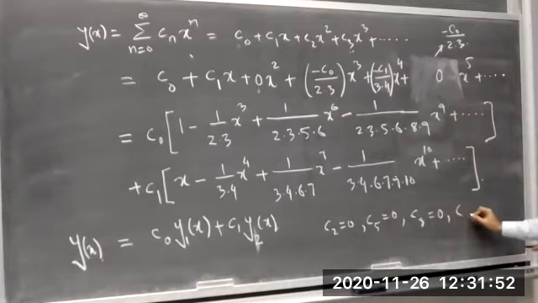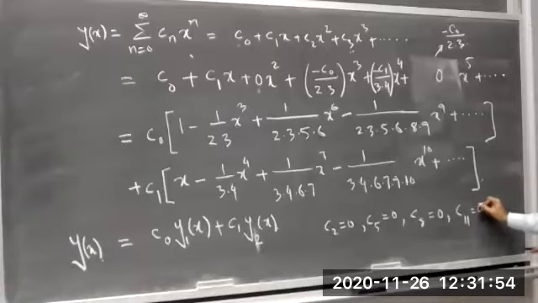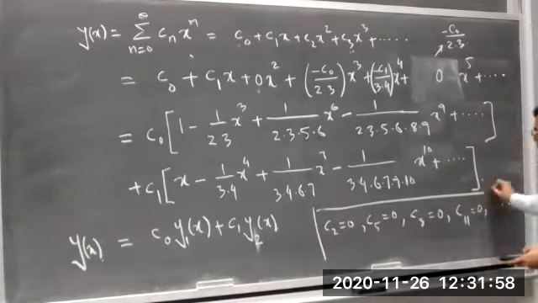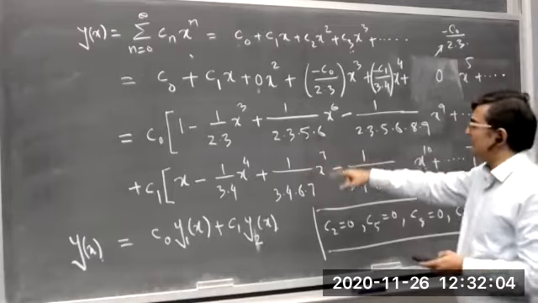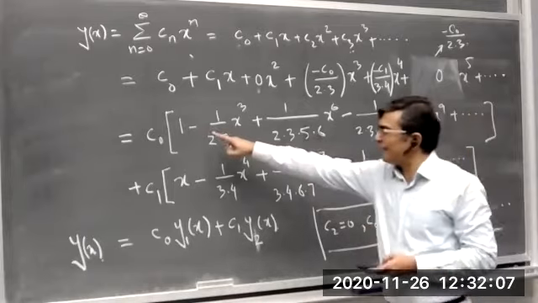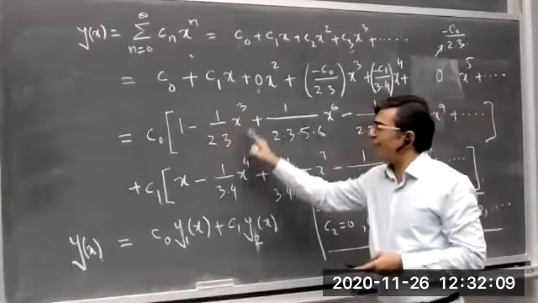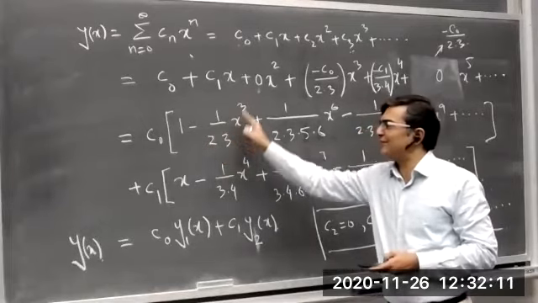And then C11 will be 0 and so on, all these coefficients in this series will be 0. You can see here in the solutions as well we do not have x square; there is no term of x square here because the coefficient of x square is 0.